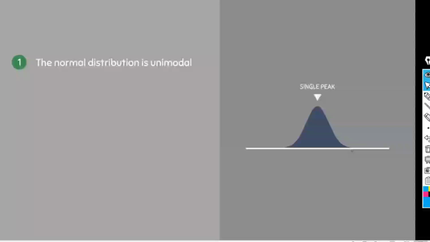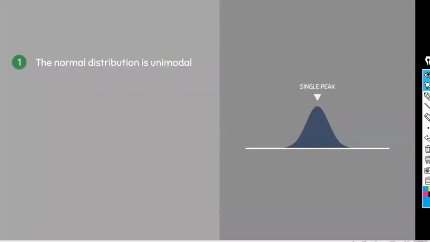Now, particularly for a normal distribution, you are going to have a symmetrical distribution having only one mode. The mean, median and mode will be the same for the normal distribution. Already we have discussed symmetrical and non-symmetrical distributions.